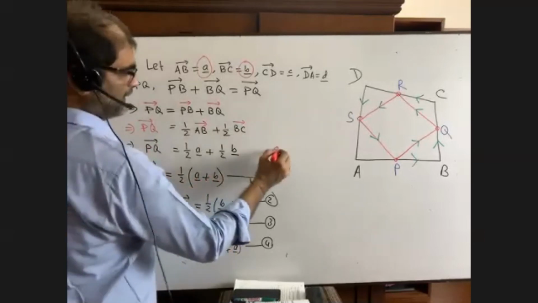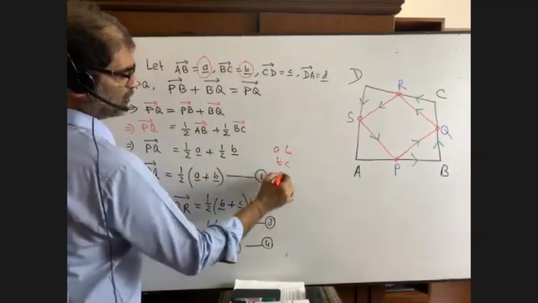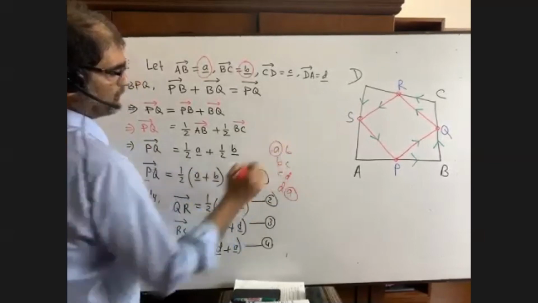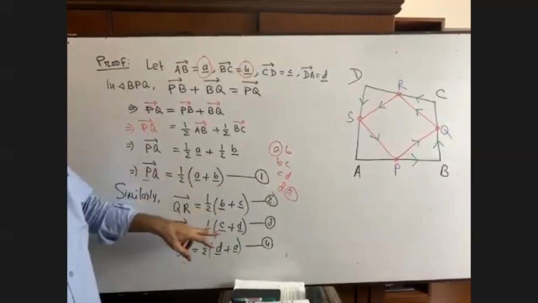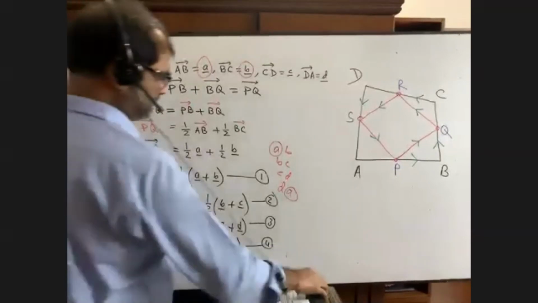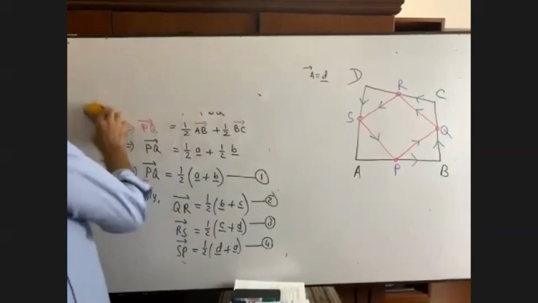In this way, first one AB, second one BC, third one CD, then again DA. This A will be same. Okay, you see AB, then BC, then CD, then DA. Is it okay? Yes, sir.